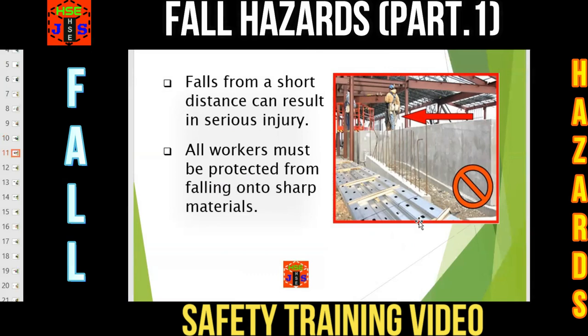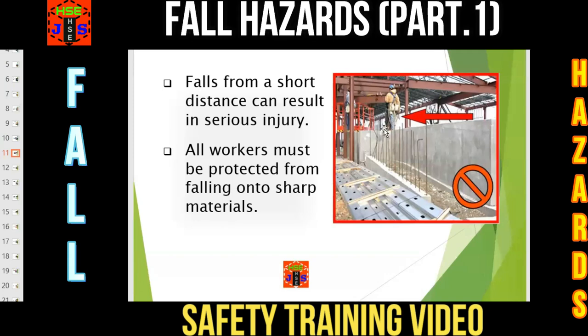After discussing the building structure hazards, let us discuss now the exterior construction areas. Falls from a short distance can result in a serious injury. All workers must be protected from falling onto sharp materials. Have a look. This person is on the wall.